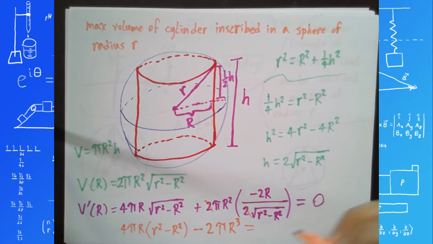Okay, and on the right-hand side it would still be 0, even if you multiply it by anything.